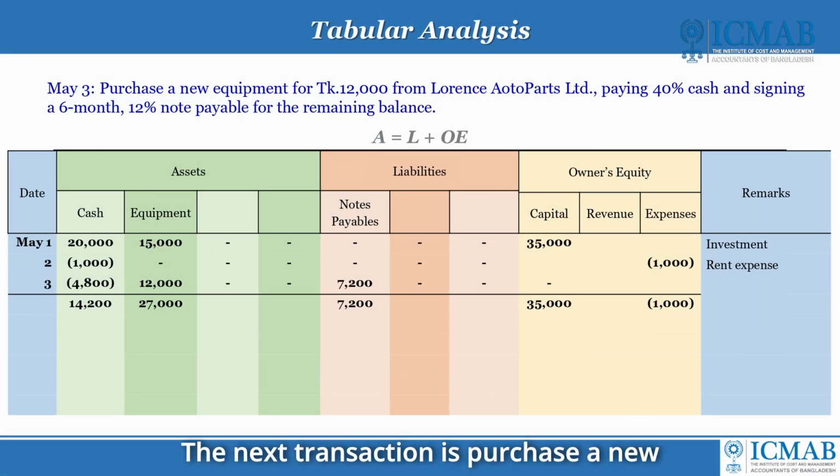The next transaction is purchase of new equipment for Taka 12,000 from Lawrence Auto Parts Limited, paying 40% cash and signing a 6-month 12% notes payable for the remaining balance. So here you have purchased new equipment, you have paid cash and you have incurred a liability. So you have to deduct Taka 4,800 from your remaining cash balance.